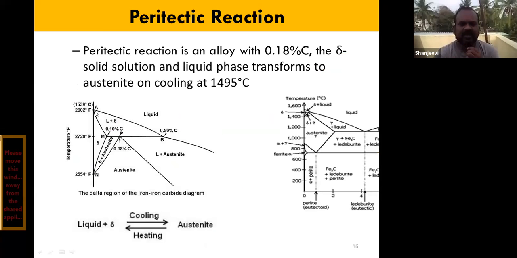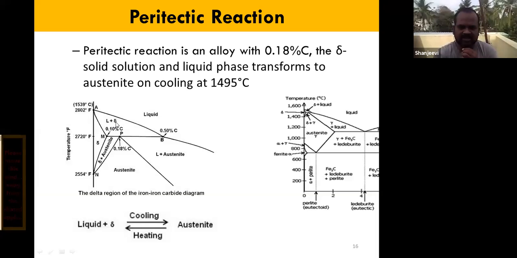Okay. So in this peritectic reaction, this point is 0.18 percentage carbon. At this point, delta solid solution, and above is liquid. Below, liquid is there, and adjacent is delta. So delta is added here.